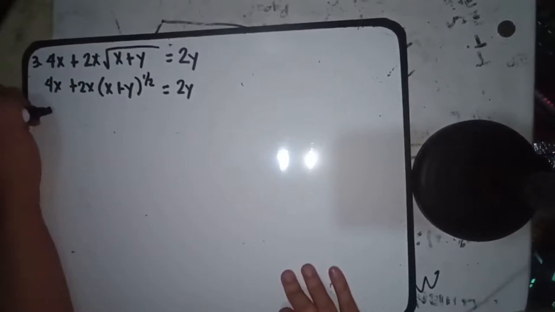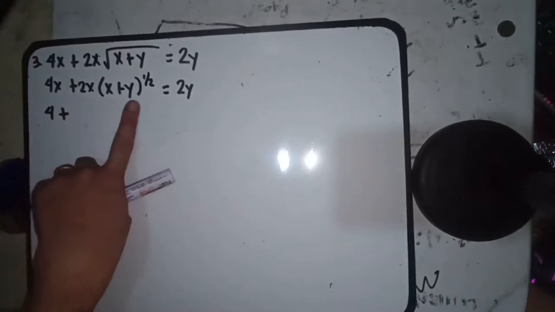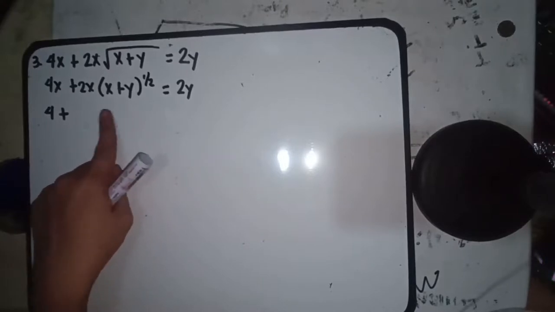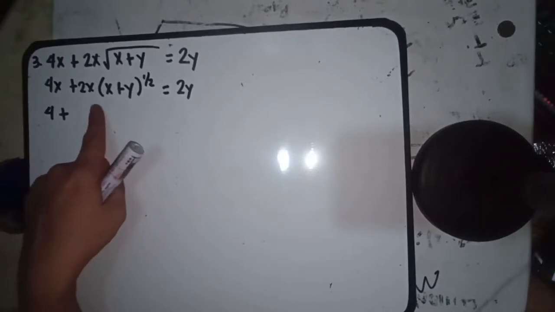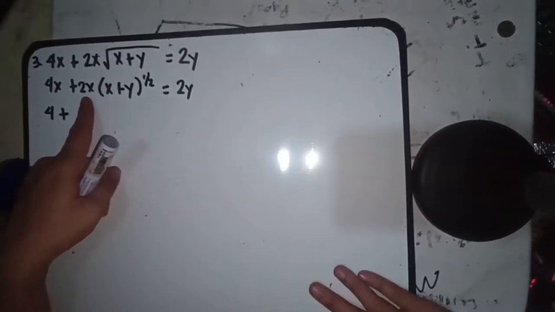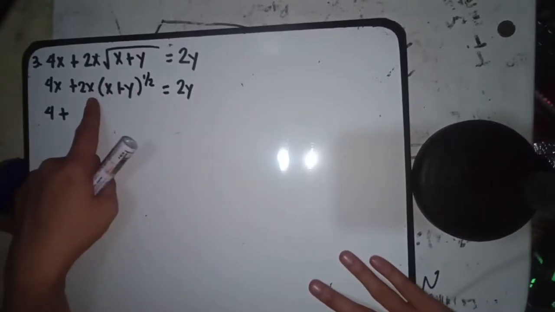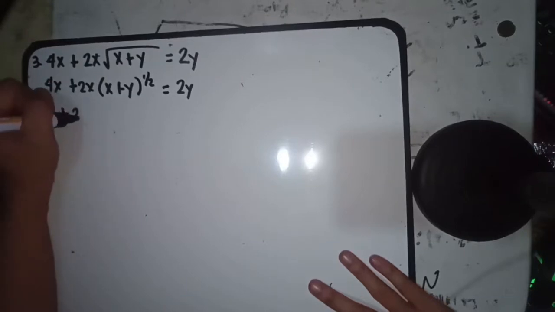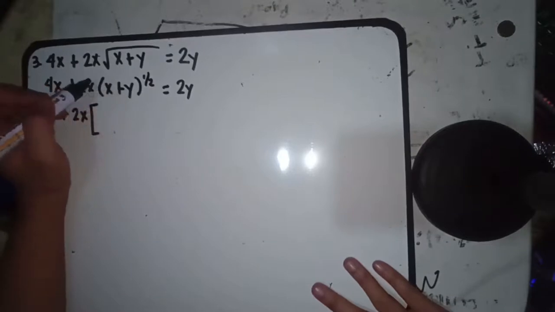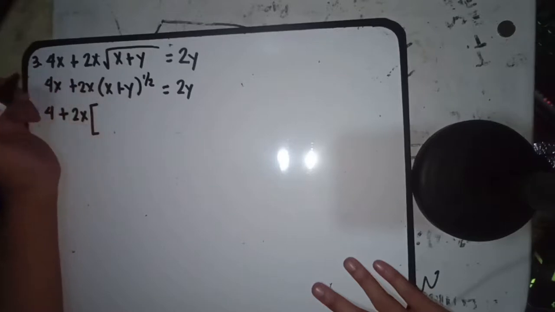Okay, so now we differentiate. Derivative of 4x, we have 4 plus, we have 2x times x plus y raised to the power of 1/2. This is a product, so we'll use the product rule. So, u dv plus v du. Our u is 2x, our v is x plus y raised to the power of 1/2. So, u dv, we have u, that is 2x multiplied by the derivative of x plus y raised to the power of 1/2 using the extended power rule.